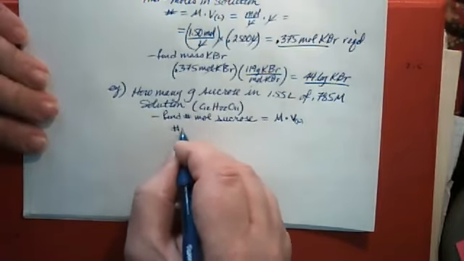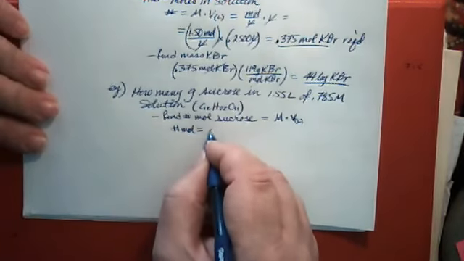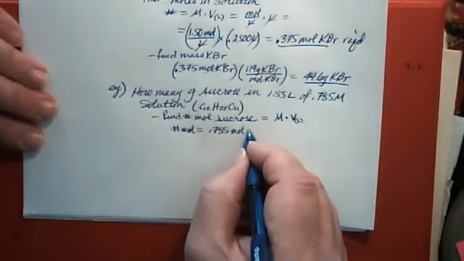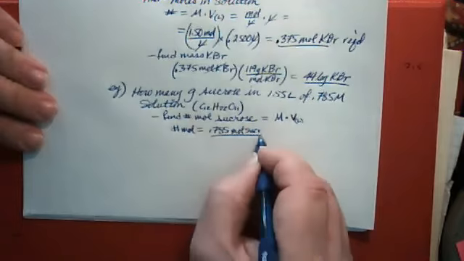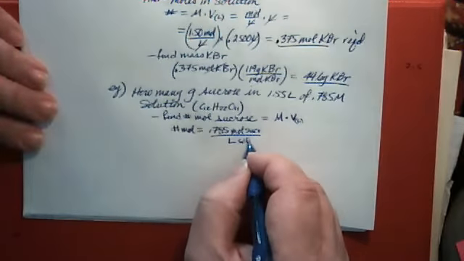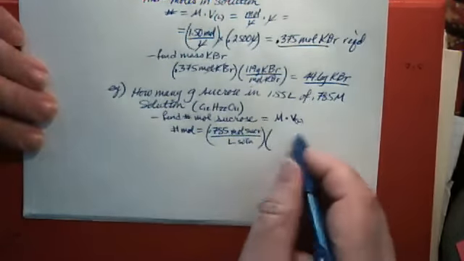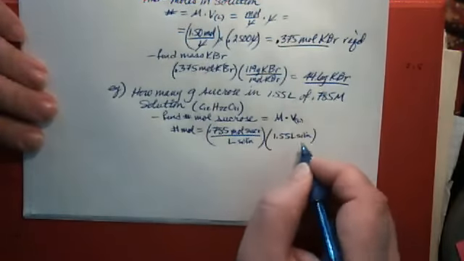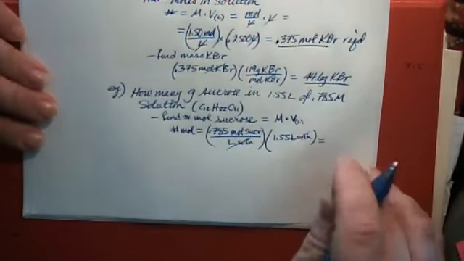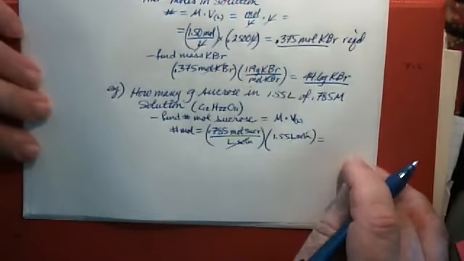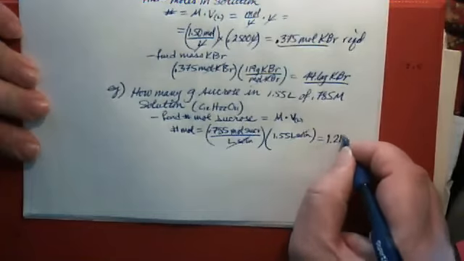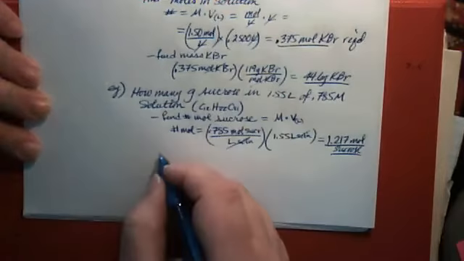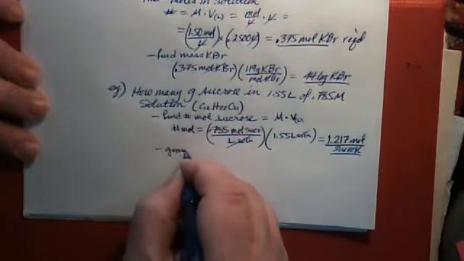Number of moles is going to be 0.785 M, and that means 0.785 moles of sucrose per liter of solution times the volume of the solution. Liters of solution cancel, and we get moles of sucrose. And so 1.217 moles of sucrose.